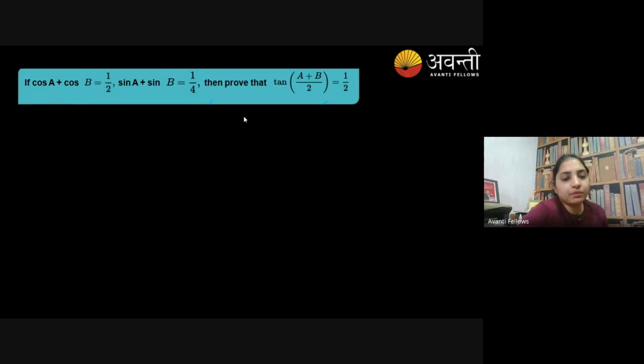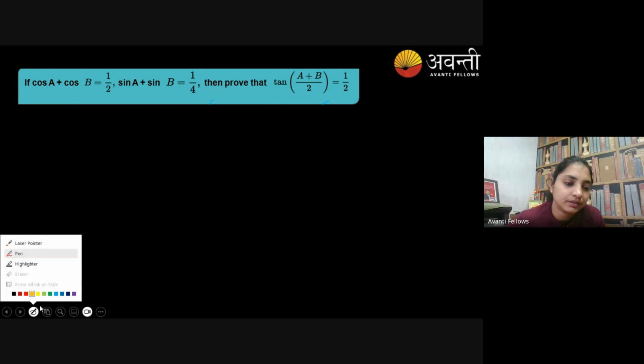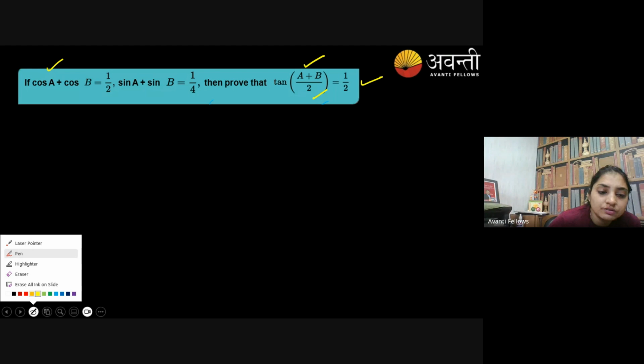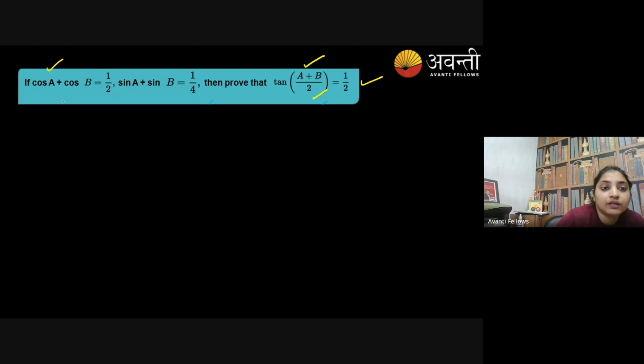So the very first question. Can you see? Addition is given to me: sin A plus sin B, cos A plus cos B. When this type of expression is given, and I need to find or prove, Harini, a quick strike in my mind is to convert this given expression to a multiplication expression by the formula.